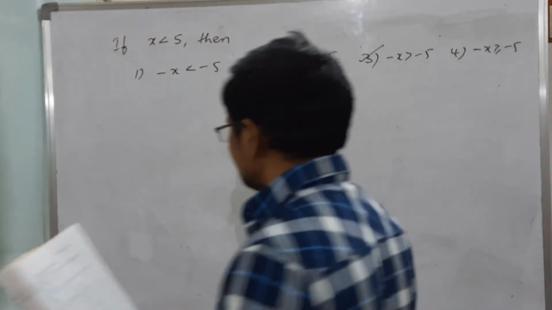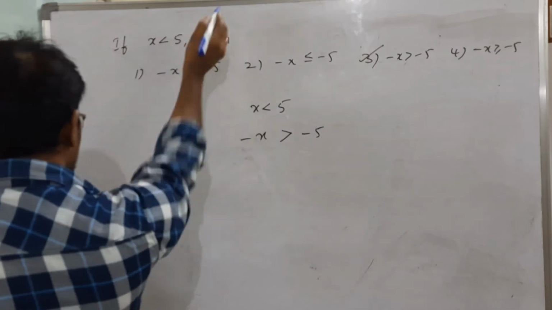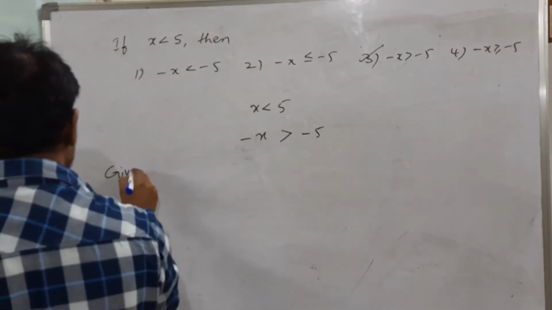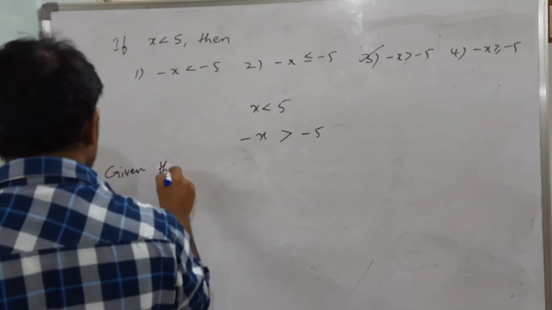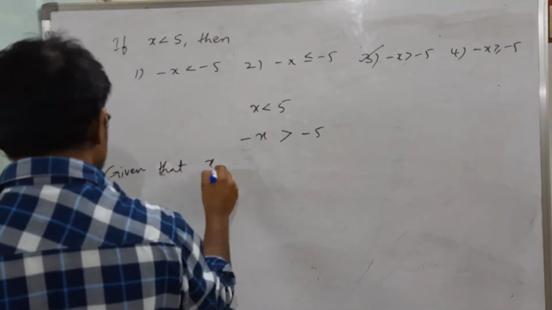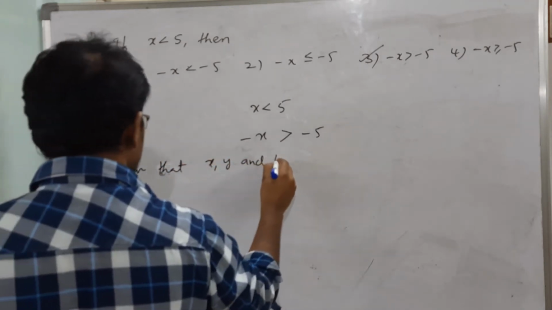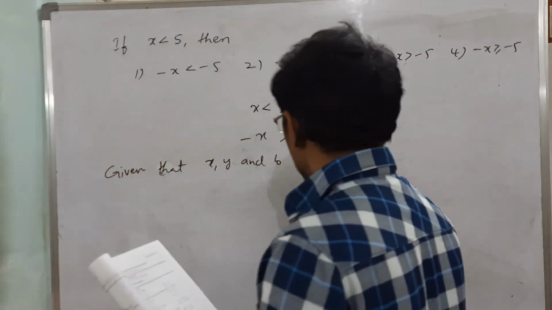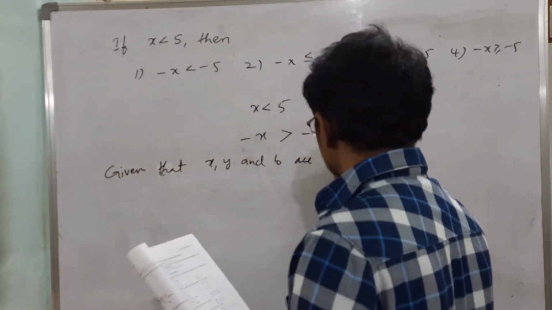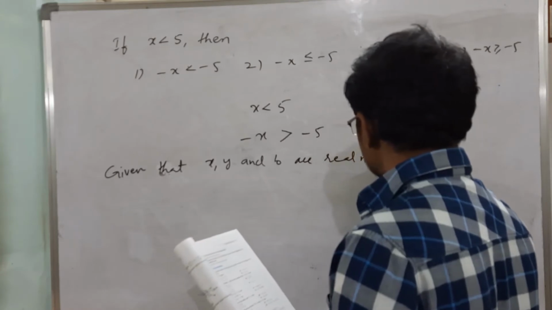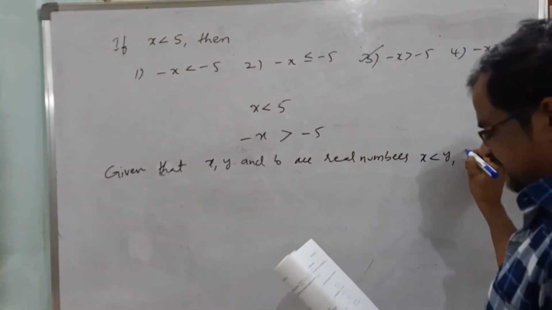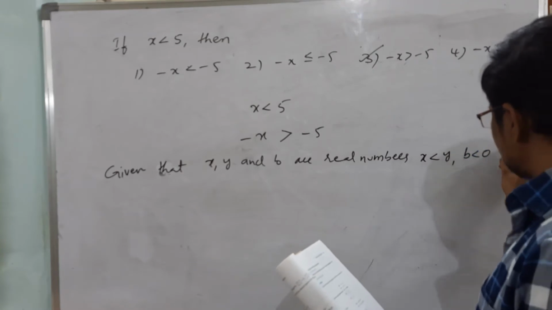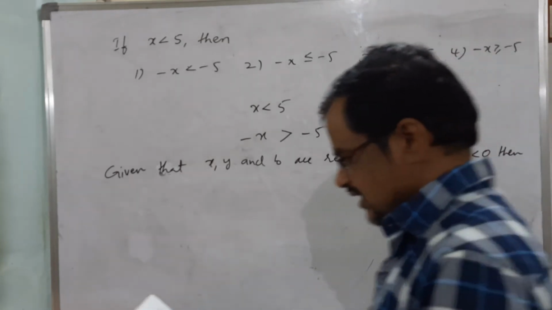Next problem they given here. Given that x, y and b are real numbers, x less than y, b less than 0, then options.